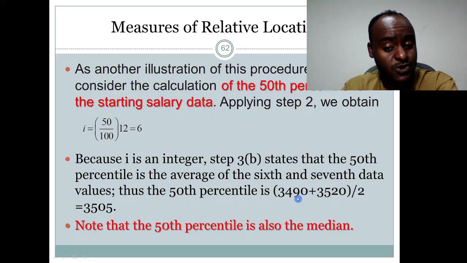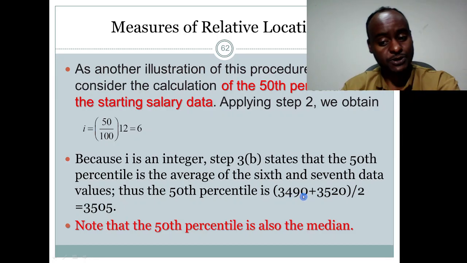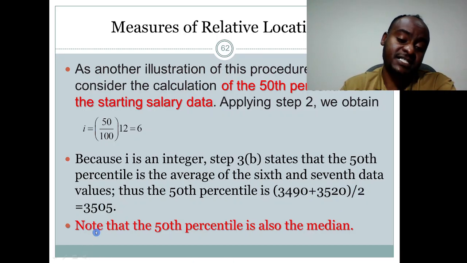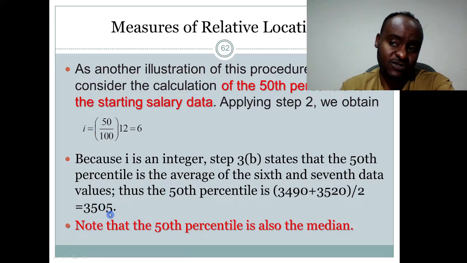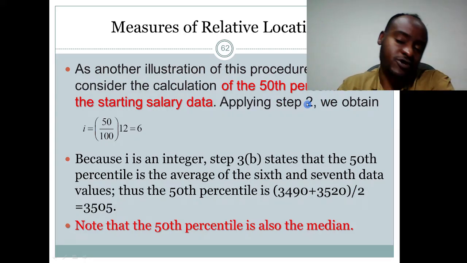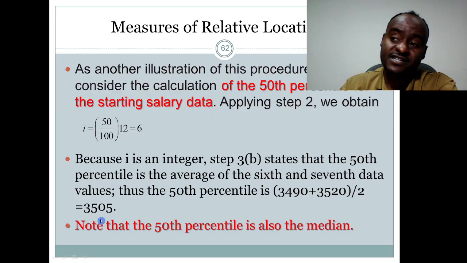The data value at position 6 is 3,490. The value at the 7th position is 3,520. The average is 3,505. Therefore, the 50th percentile for that data set is 3,505.